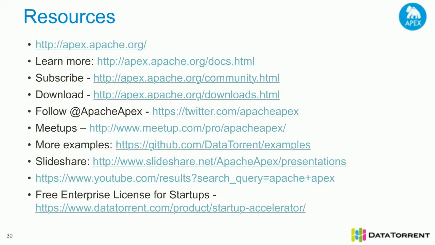So here are the resources, and they are also linked in the webinar attachments. Have a look at our Apex community website. The mailing lists are there to follow what we are doing. You can follow us on Twitter. All the important updates go through there. Then we have meetup groups in different locations in the world.